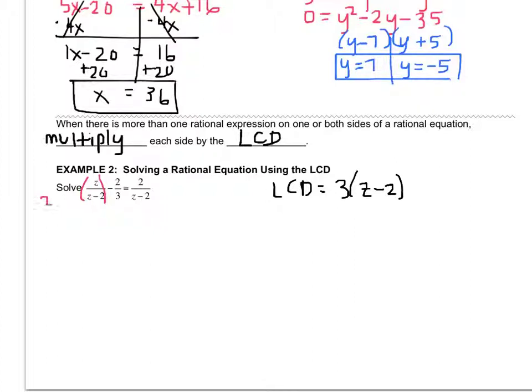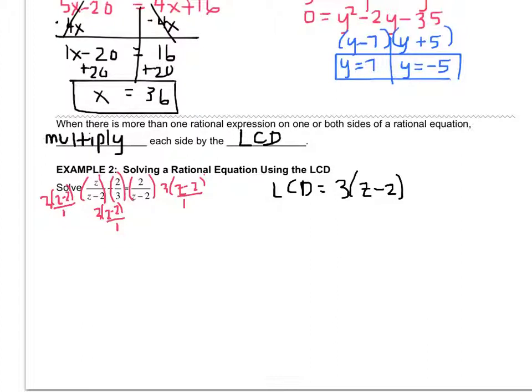So I'm going to multiply each term by 3 times z minus 2. So that's this term. That would be this term. I know my z's look like 2's, sorry. And this term. So here we go. Remember, it's 3 times z minus 2 over 1.